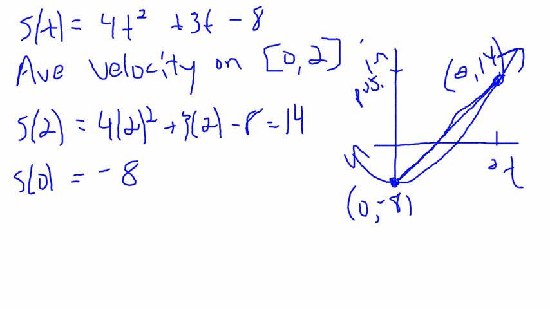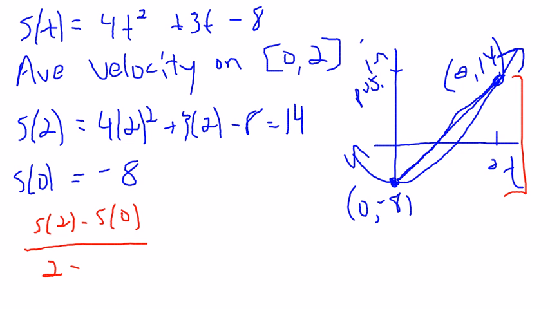And I'll change colors. So from here, I do the slope. I do rise over run. So I do s of 2 minus s of 0, which is going to give me this height right here, over 2 minus 0, which is going to give me that distance right there, that change in x. I got delta y over delta x.